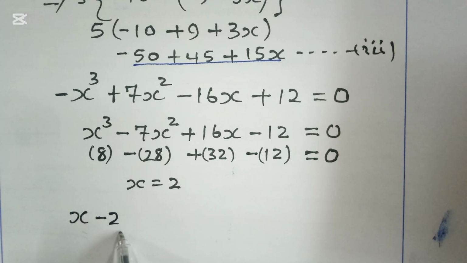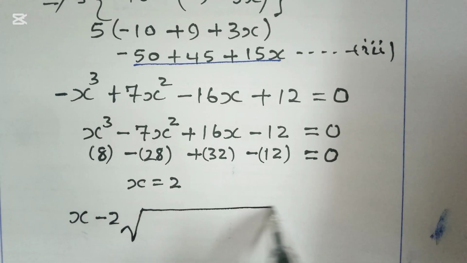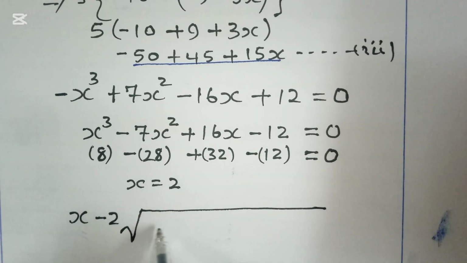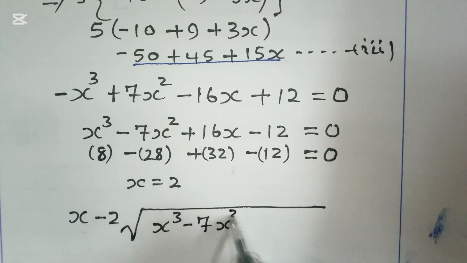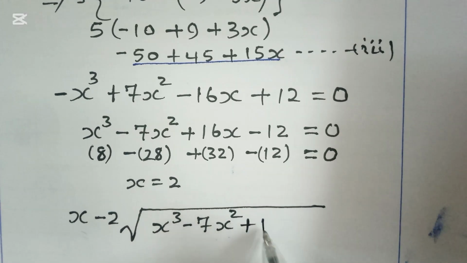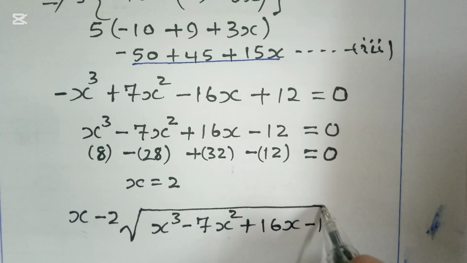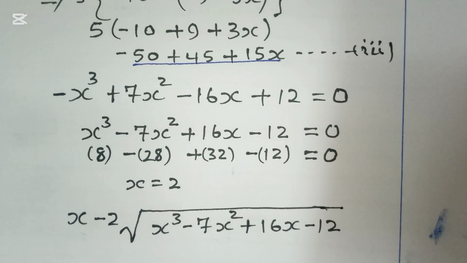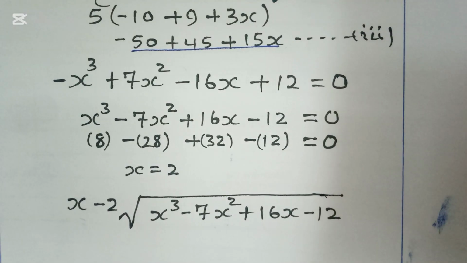So guys, with that factor, we can now divide the whole of this equation, x cubed minus 7x squared plus 16x minus 12, so that we can find the other factors, and that's what I'm going to do now.